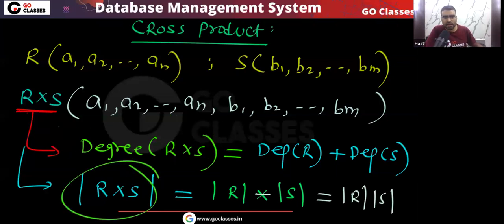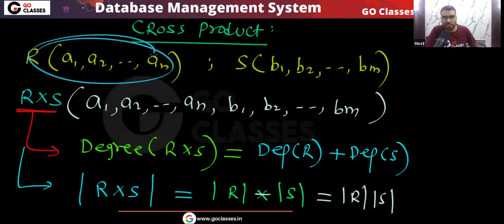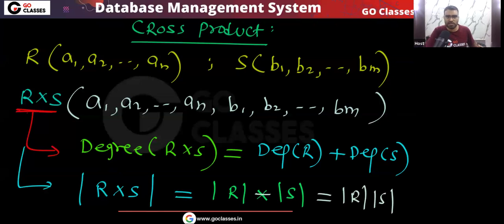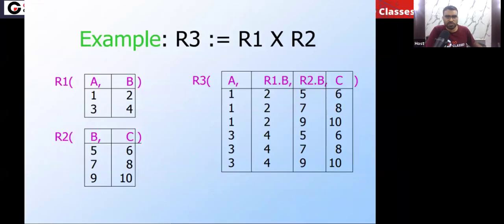But the cardinality will be the number of tuples here multiplied by the number of tuples here. Is this clear? Very simple points.